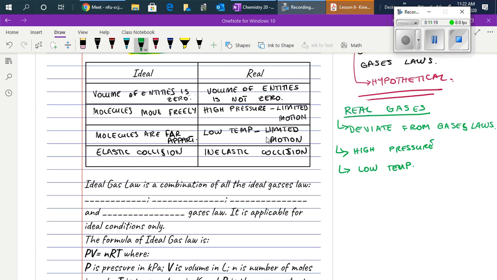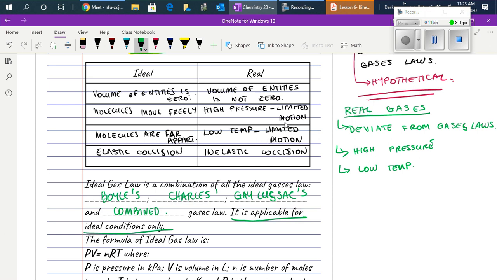Now, the ideal gas law is a combination of all the ideal gas laws, which are Boyle's, Charles's, Guy-Lussac's, and combined. And it is applicable for ideal conditions.